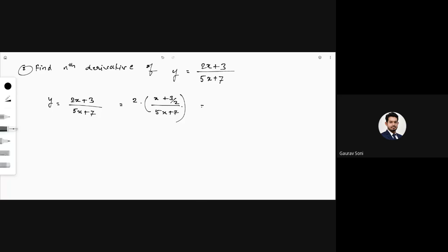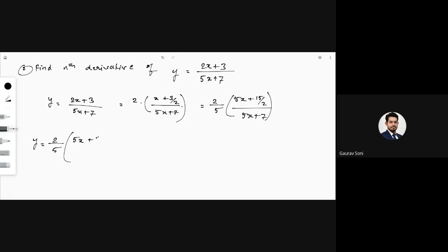Now multiply by 5 and divide by 5 in the numerator. So 2 by 5 in bracket 5x plus 15 by 2 divided by 5x plus 7. So y will be equal to 2 by 5 in bracket 5x plus 15 by 2 is 7.5.